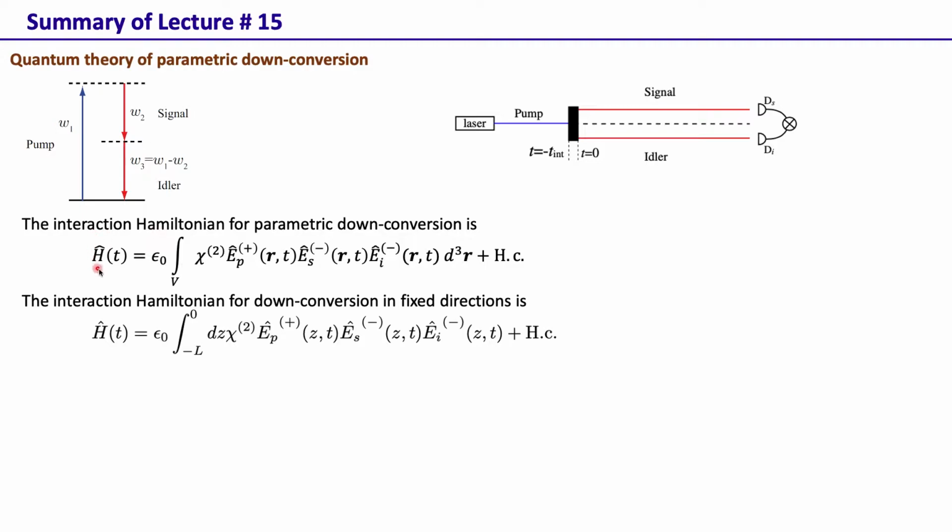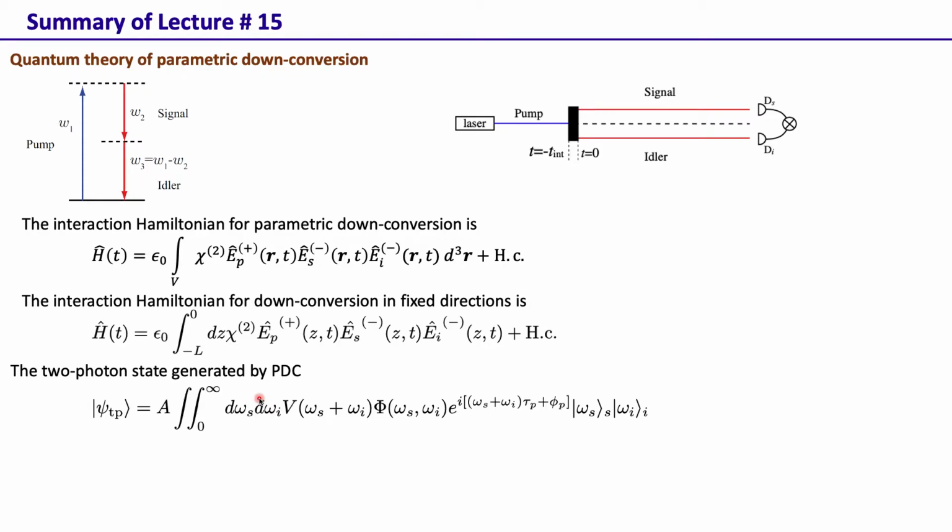In general it would be a three-dimensional integral, but if we constrain the direction of signal and idler to be in the z direction, then this is the Hamiltonian applicable for the process. So, this is just the integral dz chi 2 E_P plus (z,t) E_S minus and E_I minus. Using this Hamiltonian, we derived the two photon state that is produced by parametric down conversion. And here is the state that we derived.